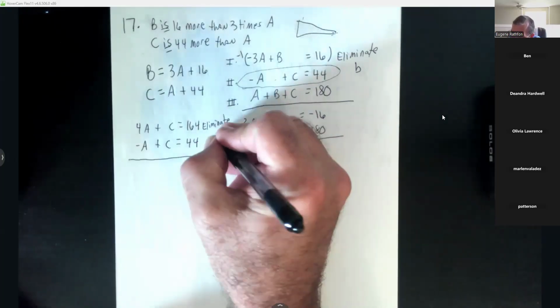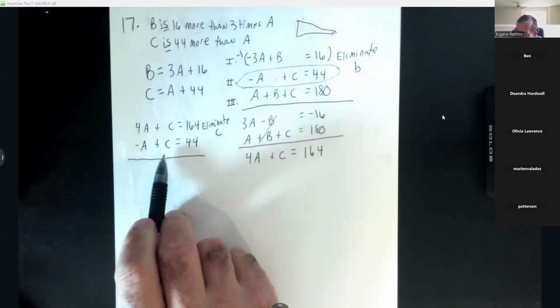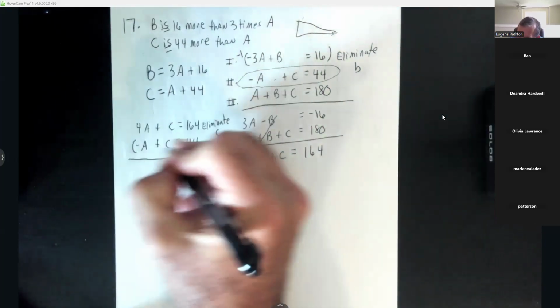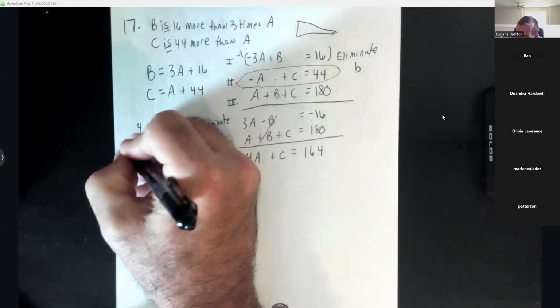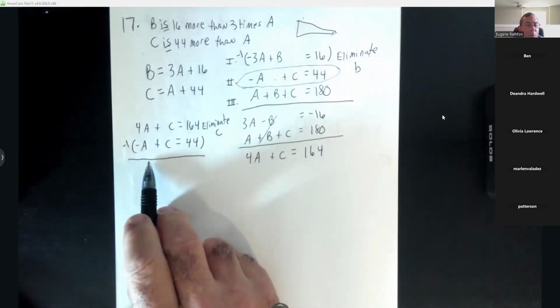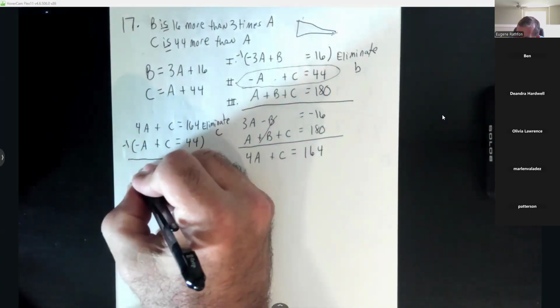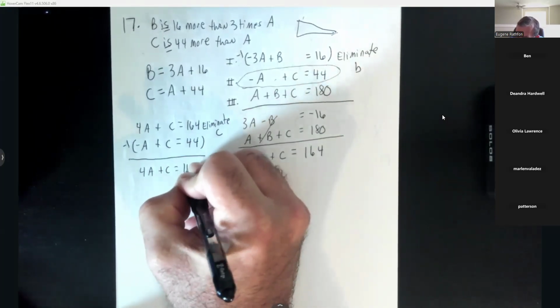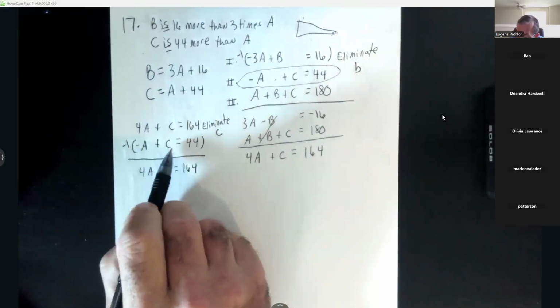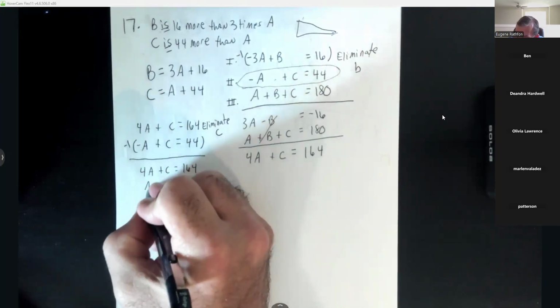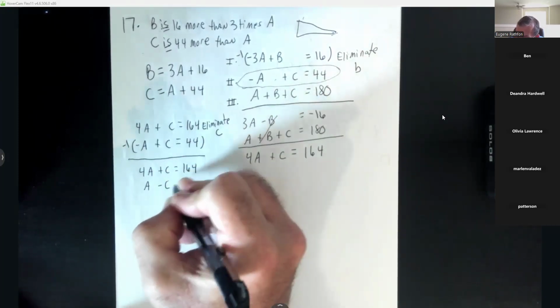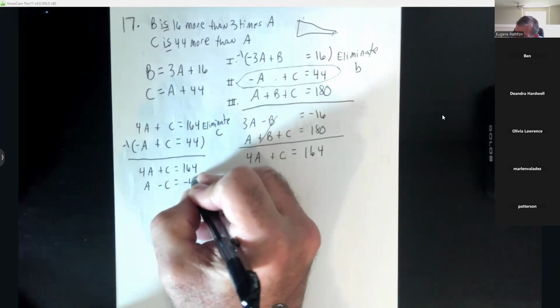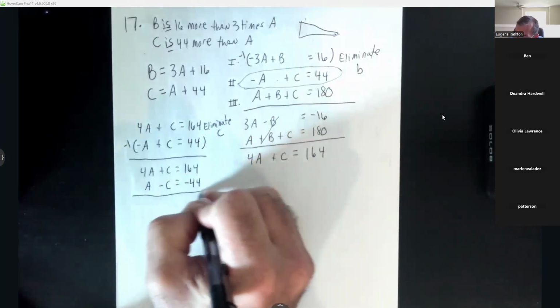So you want me to eliminate the C? So to eliminate the C, since they're both positive, I'm going to multiply that row by -1. So the first row stays the same. Multiplying this row by -1, I get a positive A, a negative C, and a negative 44.